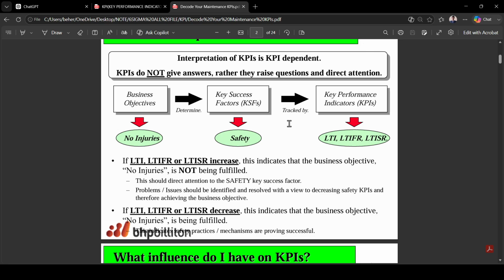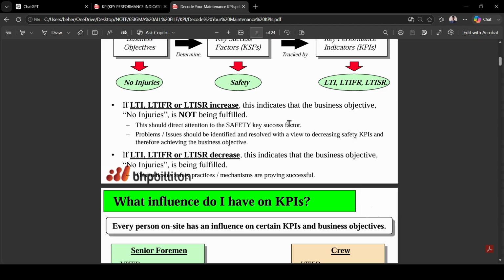This should direct attention to the safety key success factor. Problems or issues should be identified and resolved with a view to decreasing the safety KPIs and therefore achieving the business objective. If LTI, LTIFR or LTSR decreases, this indicates that the business objective, no injury, is being fulfilled, so the practices or mechanisms are proving successful.